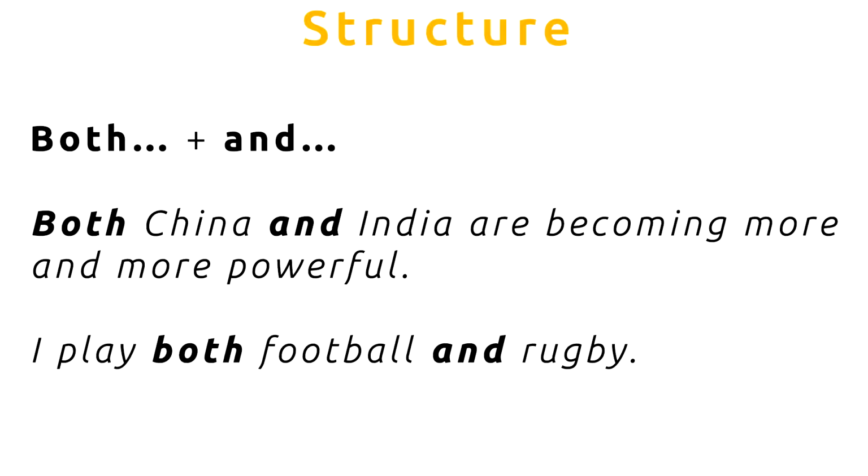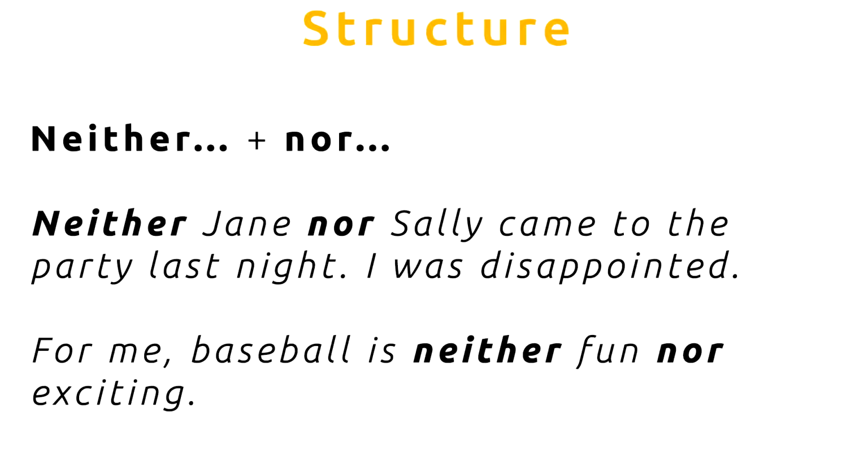The next one is very, very similar. The structure is neither something plus nor something. So it's similar to both and, but this one is negative. Remember, neither is a negative form. So look at the first example.